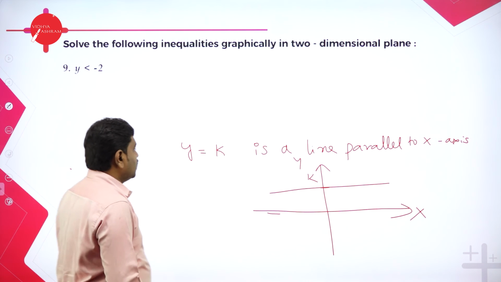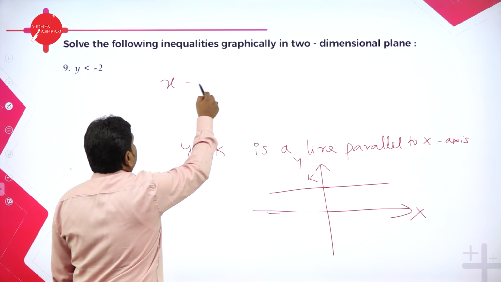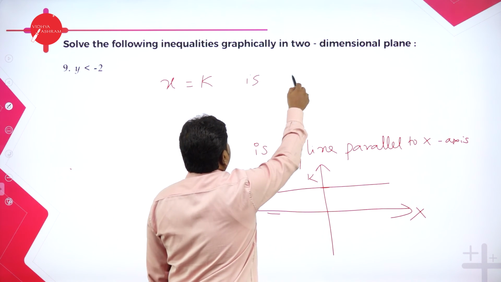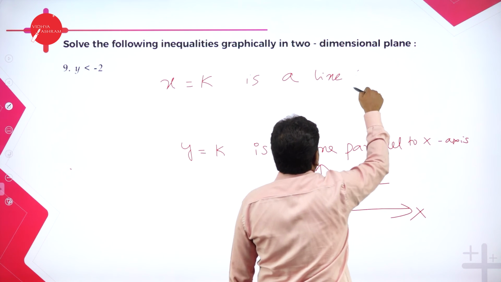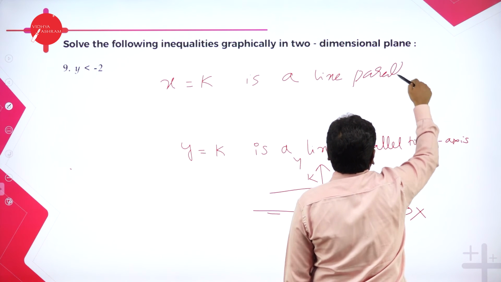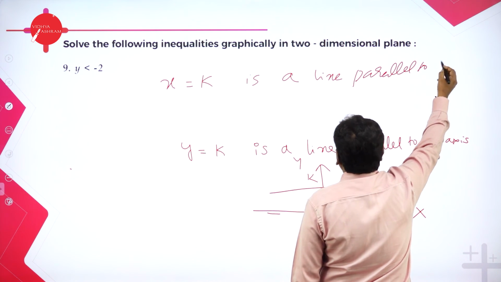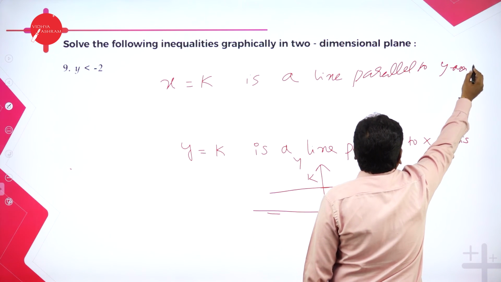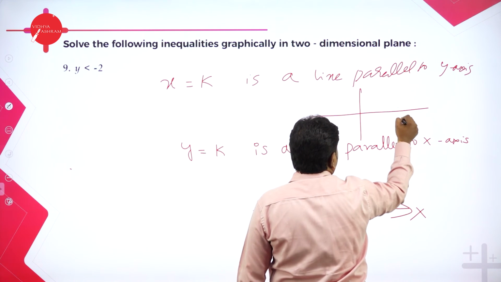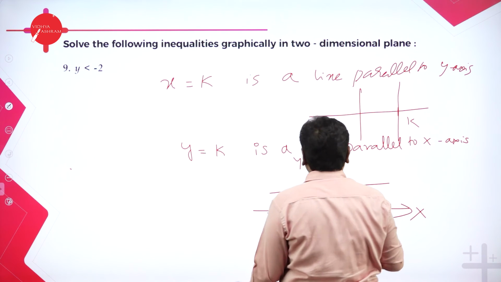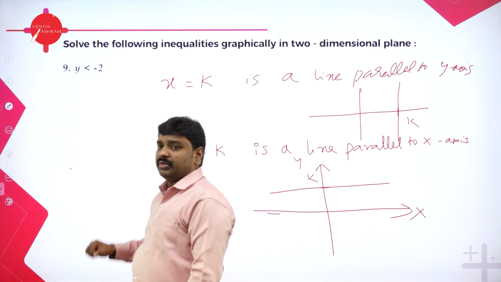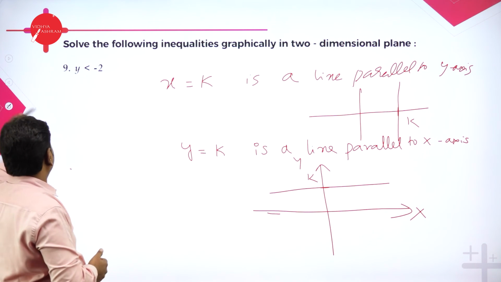Similarly, x is equal to k is a line parallel to y-axis. Vice versa, on the x-axis if you have k here, you draw a line.